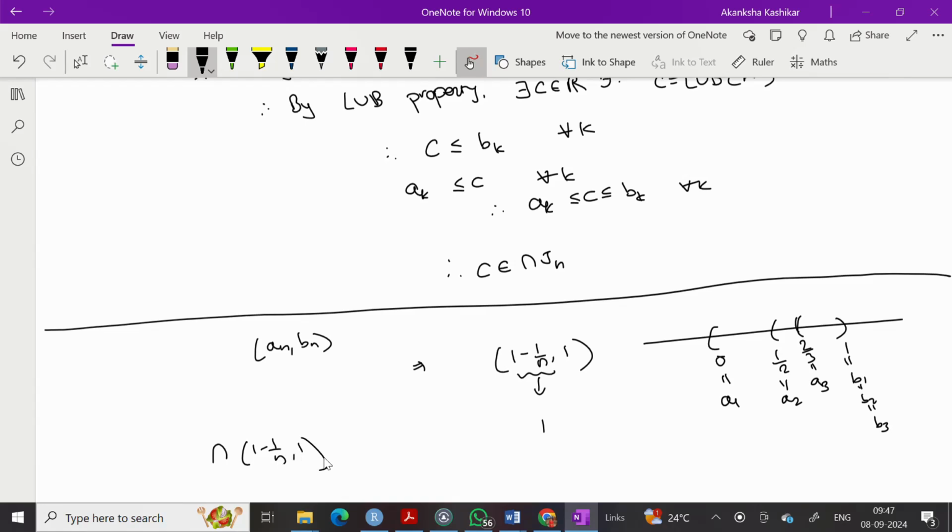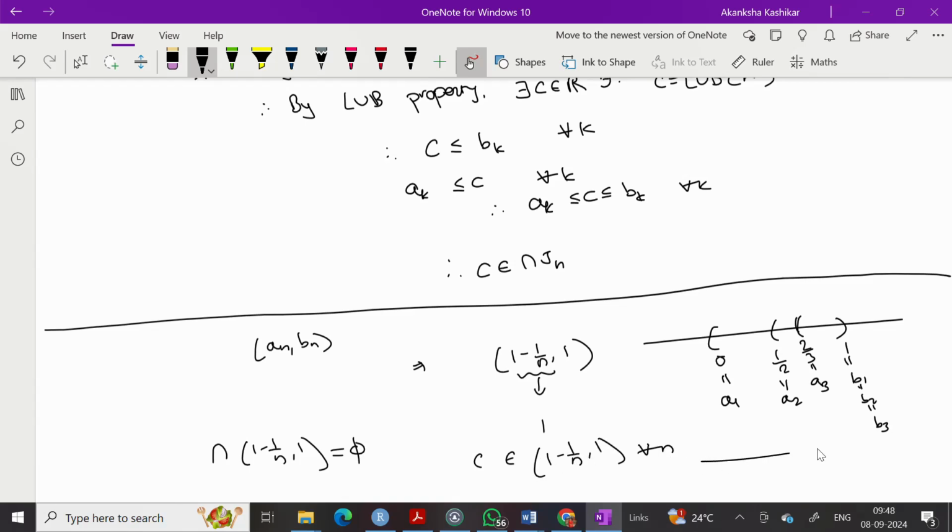In fact, you take any point. If you want to claim this is non-empty, then you will need a C which belongs to 1 minus 1 by n to 1 for every n. So that would mean that you have a C here and all 1 minus 1 by n's are here and 1 is here.